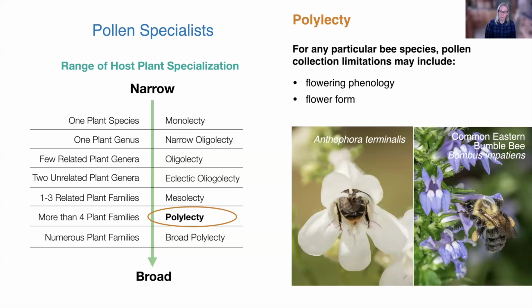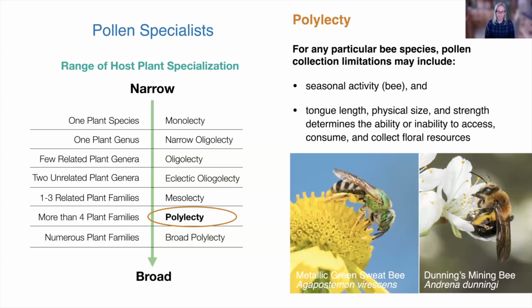Bumblebees are large in size, they're strong, they're able to manipulate complex flower forms, and typically it's easy for them to access the different floral resources. But if you were a smaller bee and you may not have the strength to manipulate more complex forms, then you may pass over that flower to one that you can more easily collect the resources from.